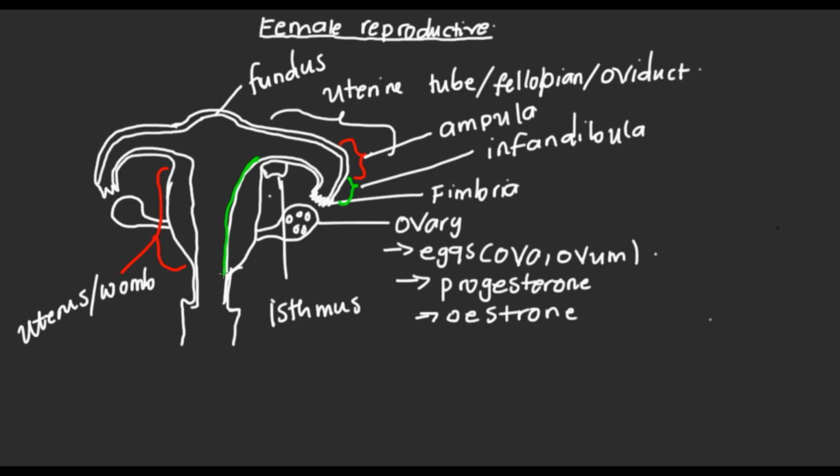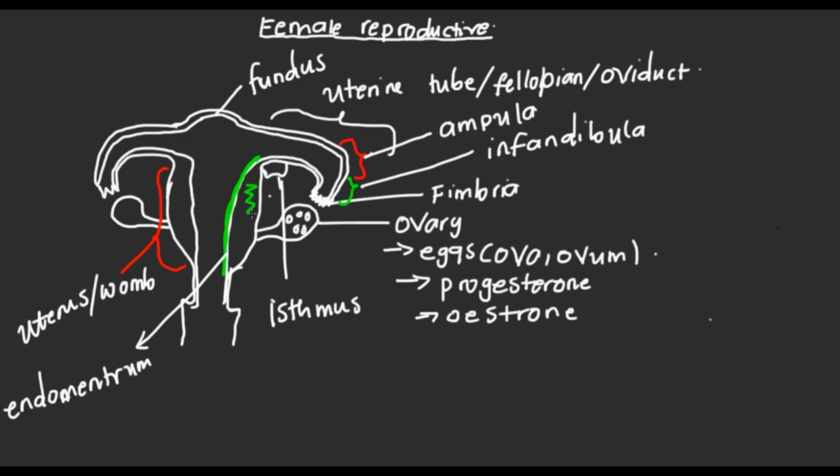The endometrium depends on whether the fertilization process has taken place or not. If fertilization has not taken place, during menstruation the endometrium is shed, washed away, and it can be thin or thickened depending on the condition, which is due to the presence of the hormones that we mentioned, progesterone and estrogen.